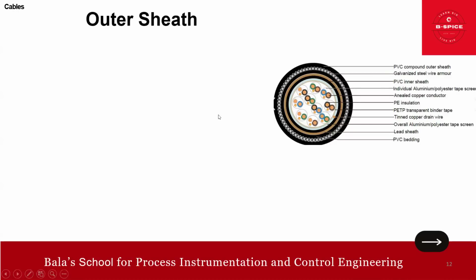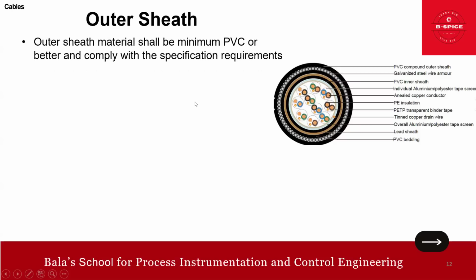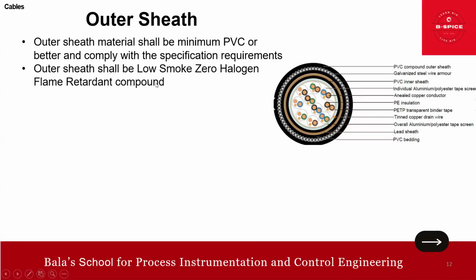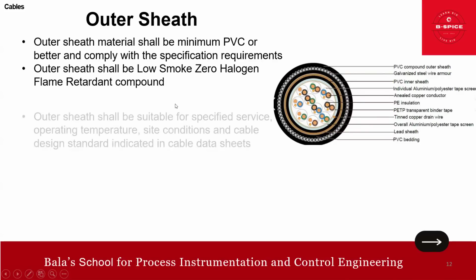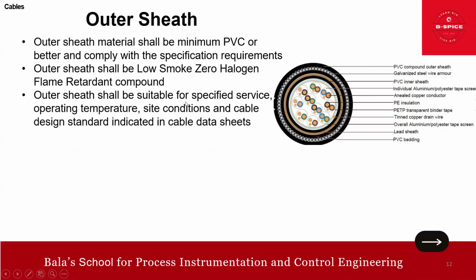Then we talk about the outer sheath. Outer sheath material shall be minimum PVC or better. The outer sheath shall be low smoke, zero halogen, flame retardant compound. It shall be suitable for the specified service, operating temperature, site condition and cable design standard indicated in the data sheet.